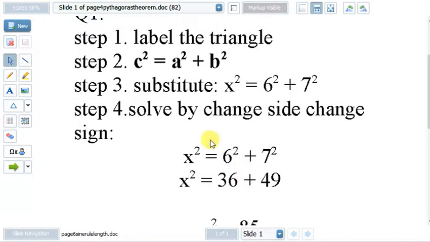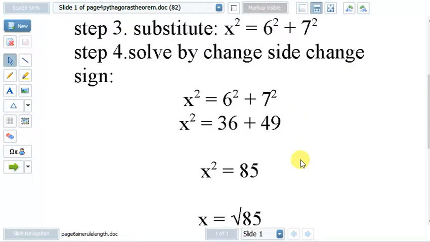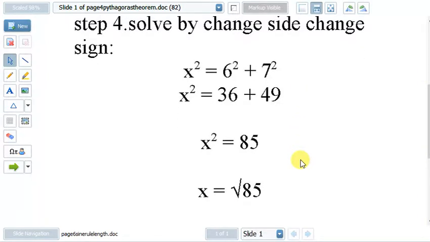So therefore now we write down our formula, c squared equals a squared plus b squared. So x squared equals 6 squared plus 7 squared, and then we solve by change side, change sign. So we simplify 6 squared to 36 and 7 squared to 49, and that equals x squared, and then we get to this step here.